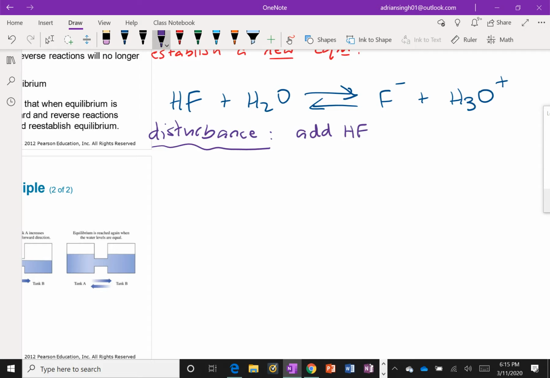So we say that equilibrium shifts to the right, to minimize the amount of HF that I just added to the system.